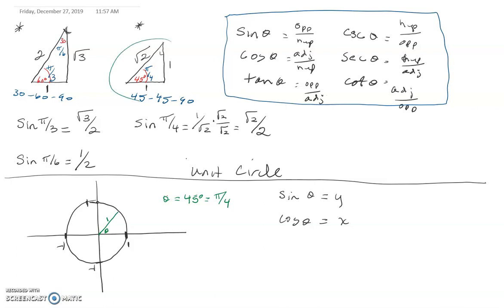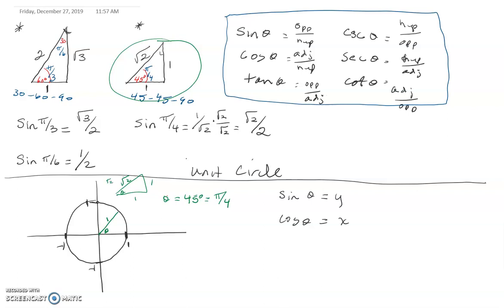Well, take a look at the triangle I have up here. How do I make this square root of 2 shrink down to a 1? Because this is what I have for my 45-degree angle: square root of 2, 1, and 1. But I need to convert that, still having a 45-degree angle. Well, you divide by square root of 2, right?